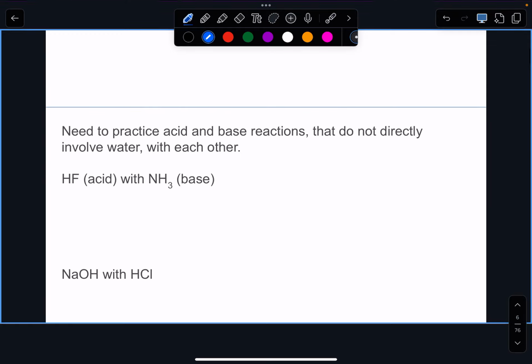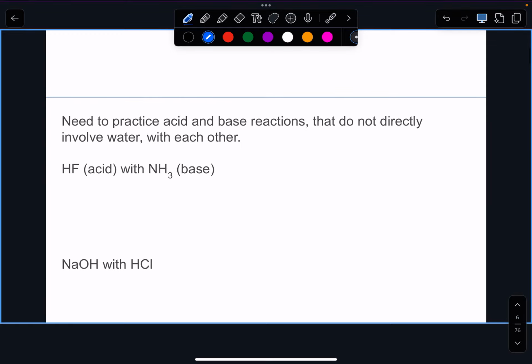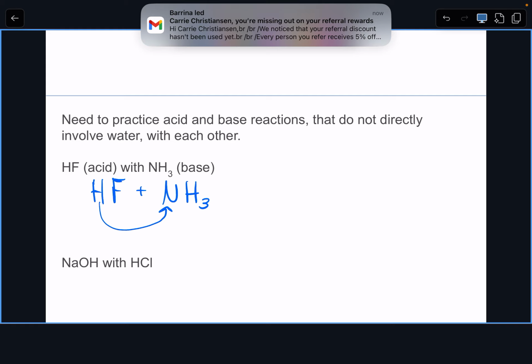All right, so the same thing applies as far as proton donor, proton acceptor, but now it's not water that's doing the donating and the accepting, okay? So if it helps you, just show the hydrogen moving from the acid to the base.